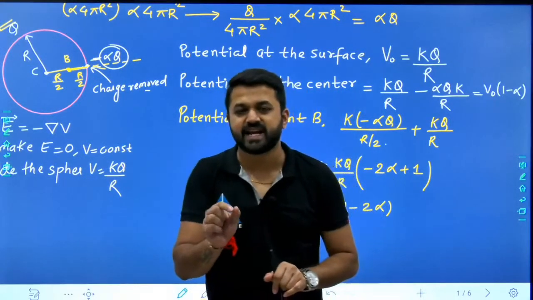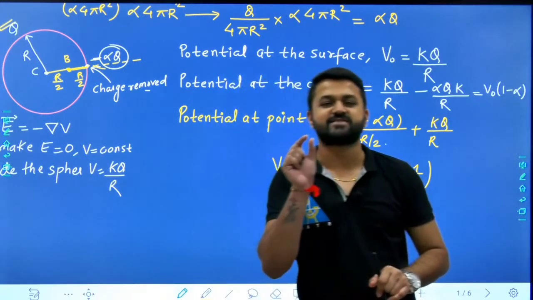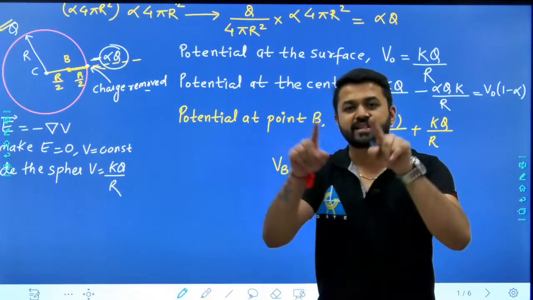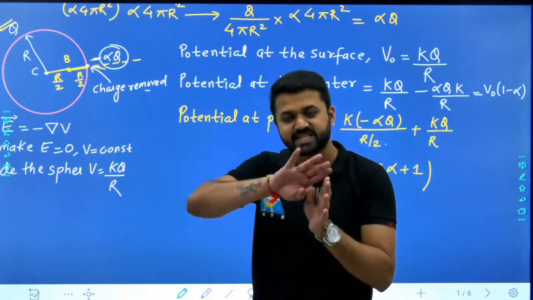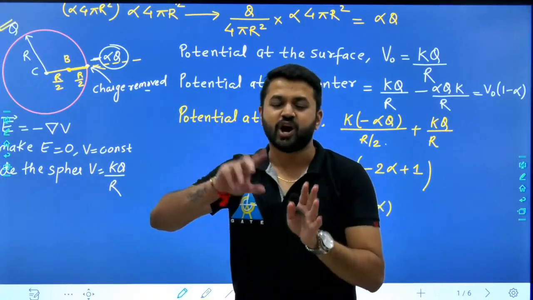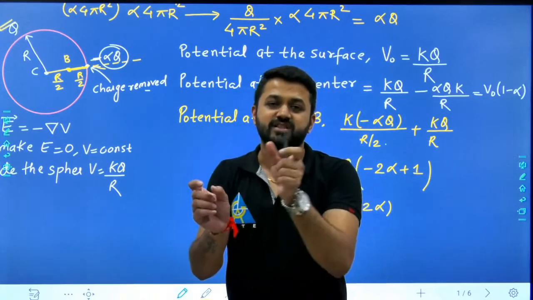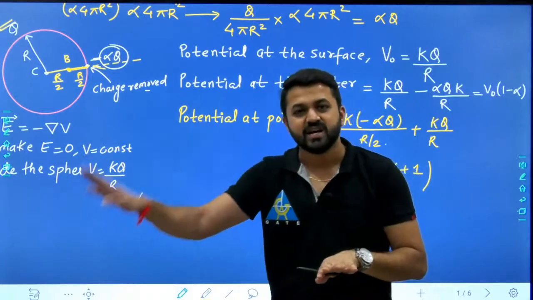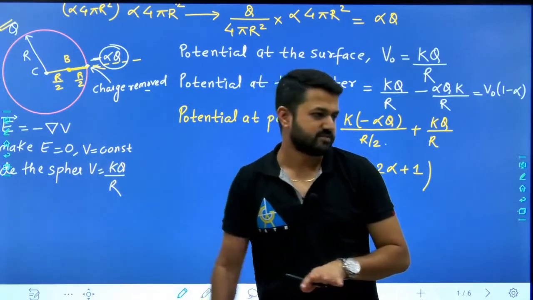Because the hole is very small, and when the hole area is very small, it can be considered as a point charge. But to make the overall effect, we are removing that particular charge. Because the charge should be subtracted, we consider that charge with negative polarity, and with the negative polarity we reduce that particular effect of charge.